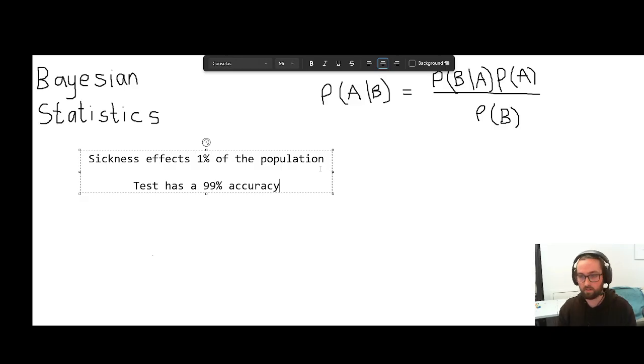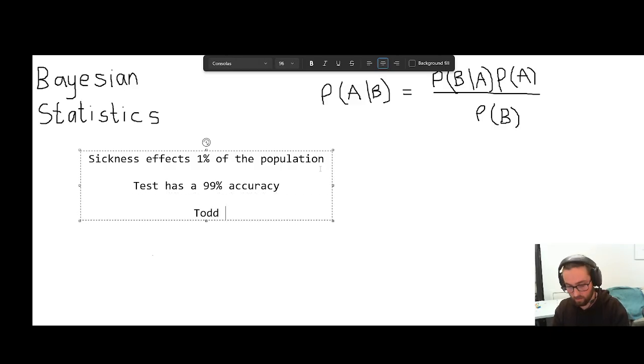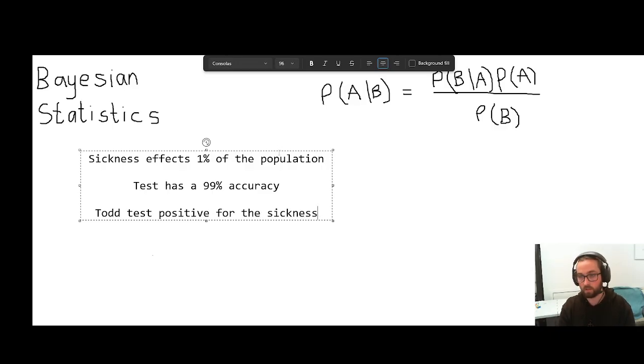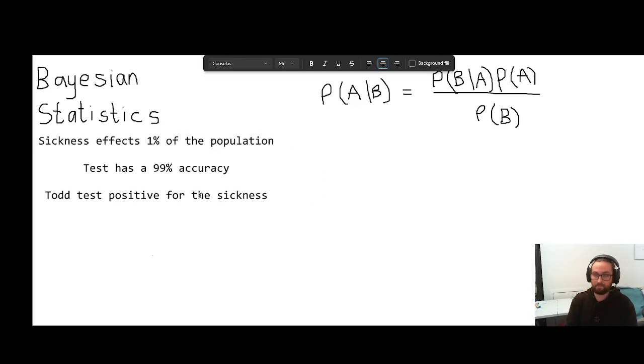Then let's say Todd tests positive for the sickness. That's all the information we have, and the question is: is Todd more or less likely to have the sickness? What can we say about Todd's actual chance of having the sickness?